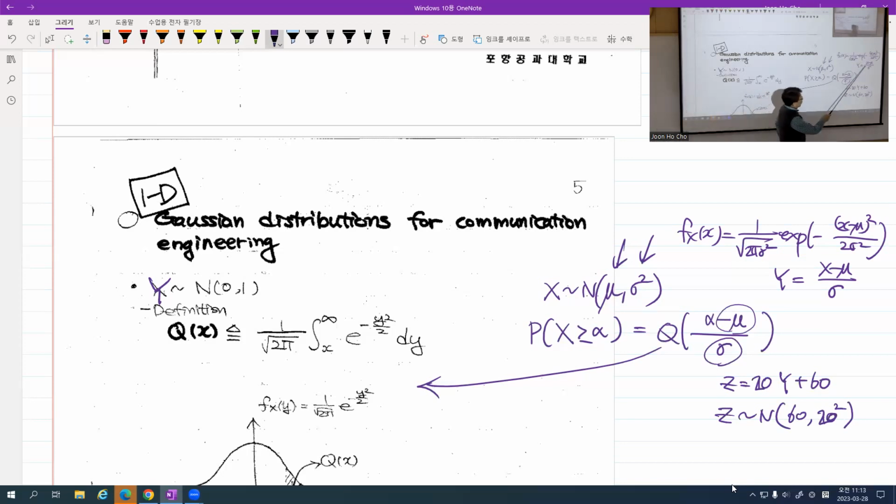If you obtain a raw data score around 2 sigma from the mean, 2 standard deviations from the mean, then what? You get 2 times 20 plus 60, right? So you get around 100. Got it? If you are at negative 2 standard deviations from the mean, then what happens? You have around 20. Got it?